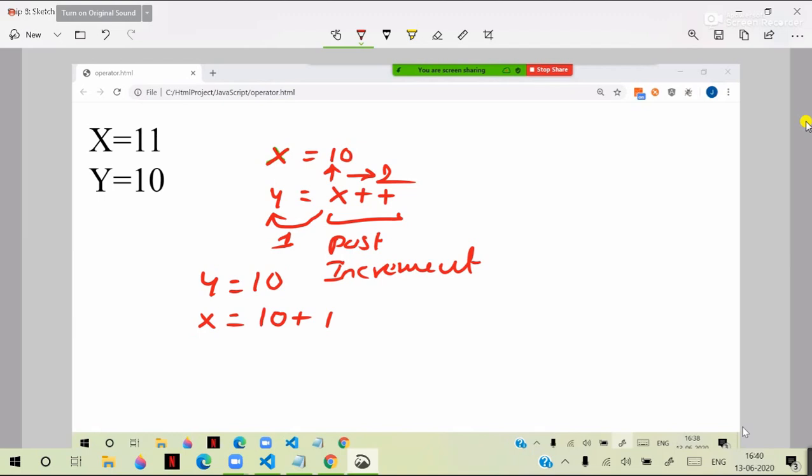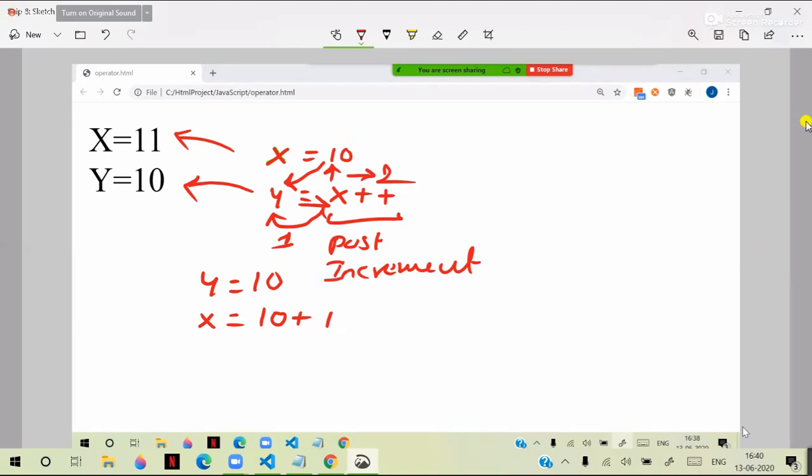So that's the reason the x value will be 11 and the y value will be 10. That means first it assigns the x value to y. After that, the increment is performed. That is what we call post increment.